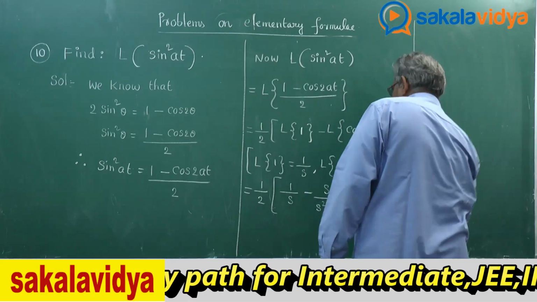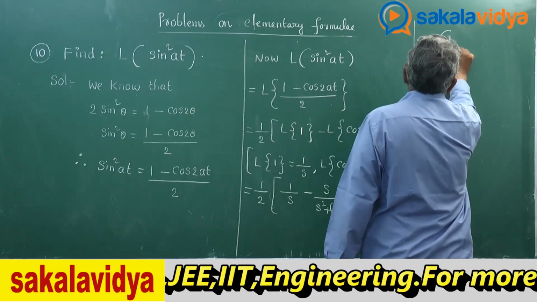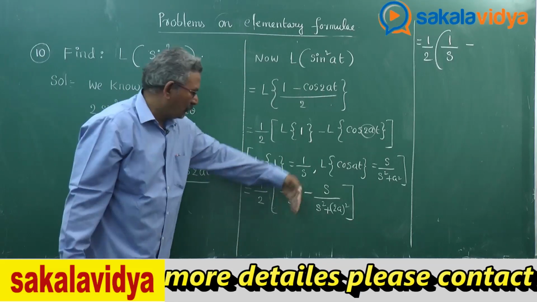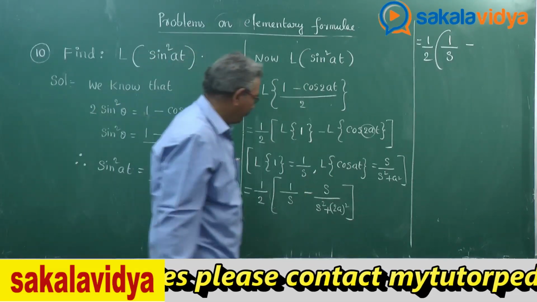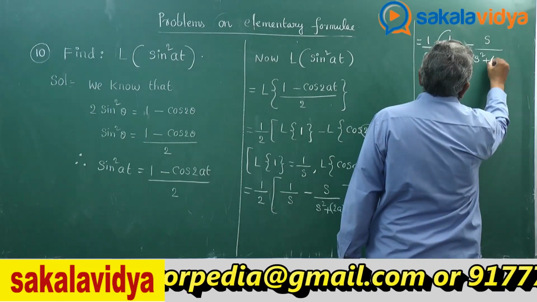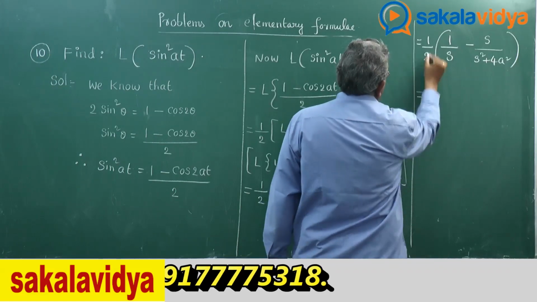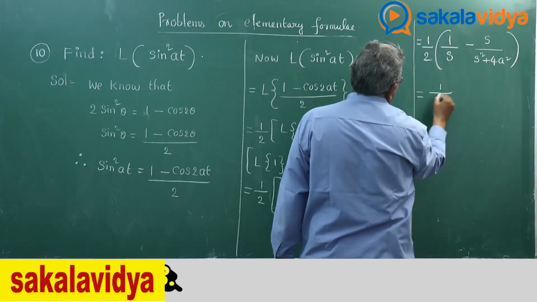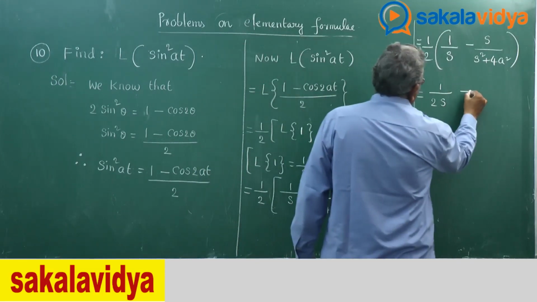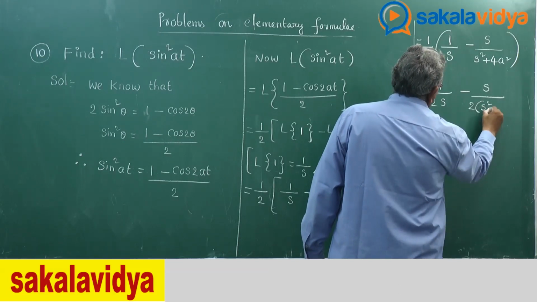We get 1 by 2 times 1 by s minus s by s square plus 4a square. Now this can be simplified: 1 by 2 into 1 by s is 1 by 2s, correct, and minus s by 2 times s square plus 4a square.